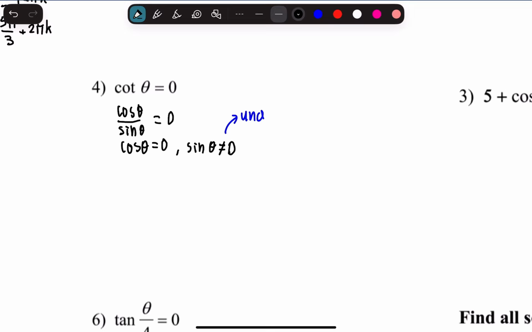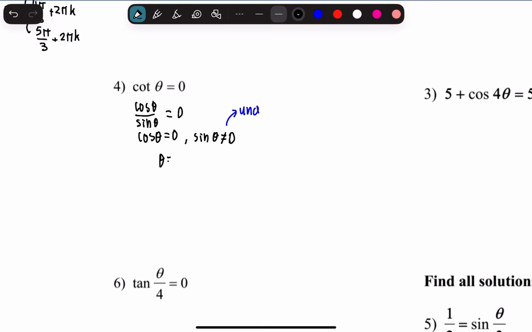And now we can write this as theta is going to be pi over 2 and also 3 pi over 2. That's when it would be. So then theta is just going to equal pi over 2 plus pi k. Now we can box that for a general solution. All of these are for general solutions.